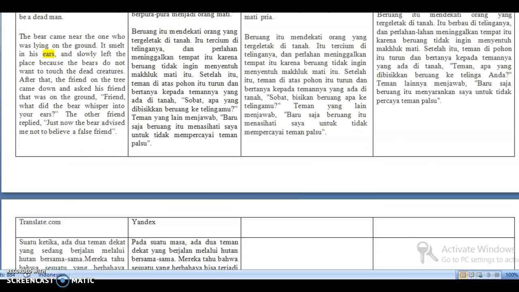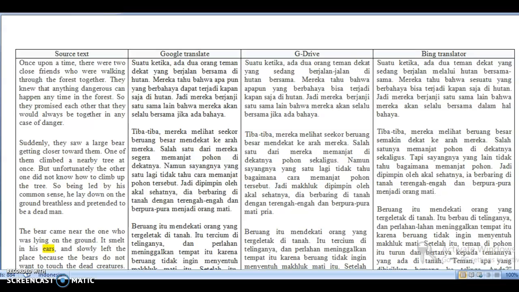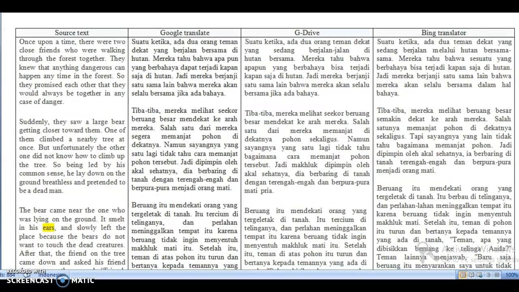There are many kinds of machine translation that you can use. But for your assignment, I hope you identify the shift based on Catford, which is the core in this machine translation.